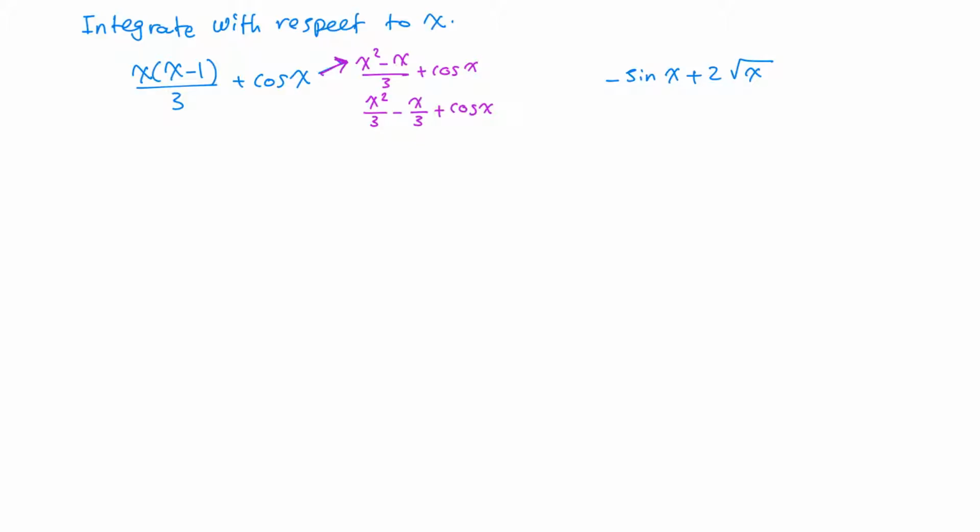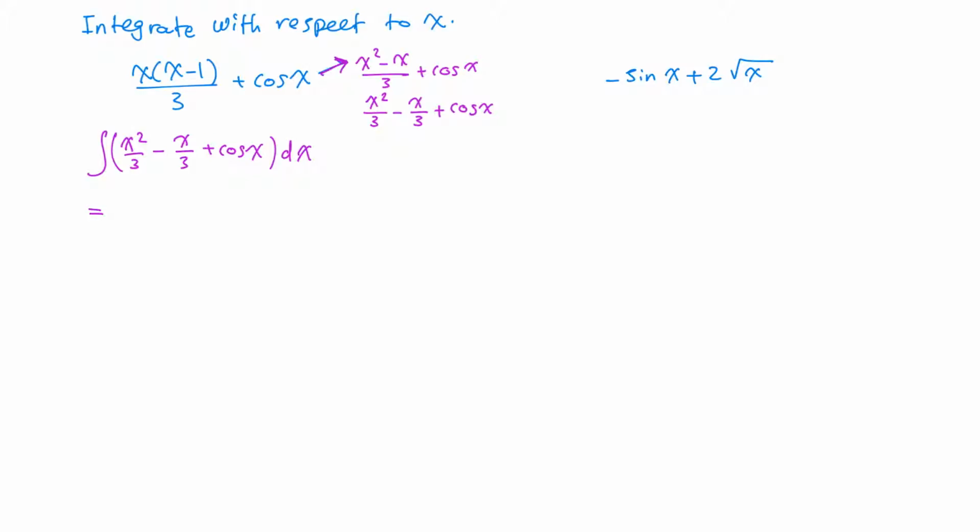So now I want to find the integral of x squared over 3 minus x over 3 plus cos of x with respect to x. Alright, so now I'm going to separate these.